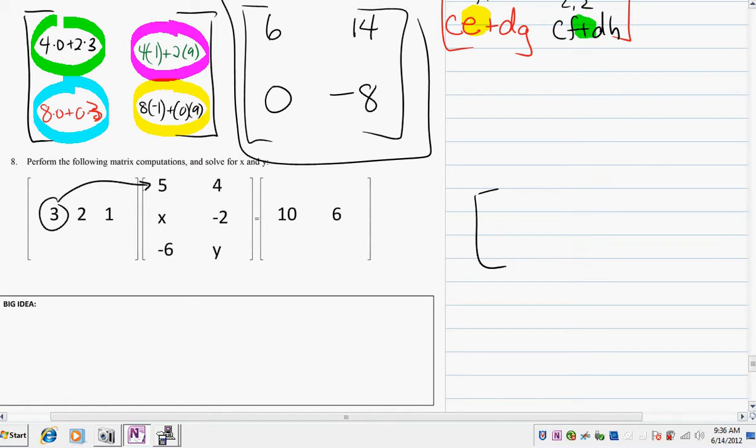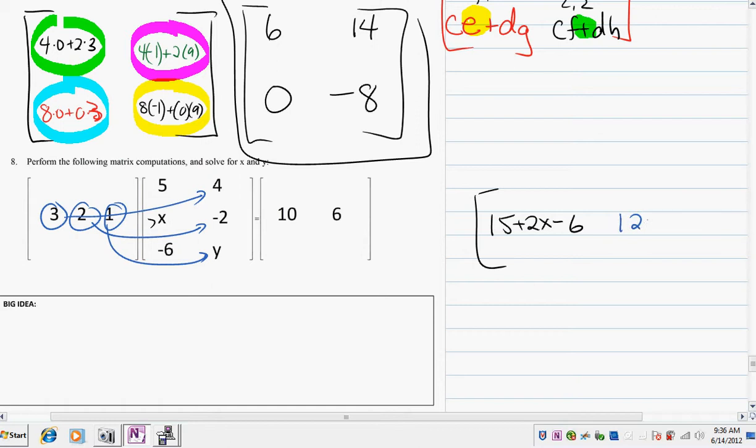So we have 3 times 5 plus 2 times x plus 1 times negative 6. So that would be 15 plus 2x minus 6. That's our first set of multiplication. Our second set, 3 times 4 plus 2 times negative 2 plus 1 times y. So that would be 12 minus 4 plus y.